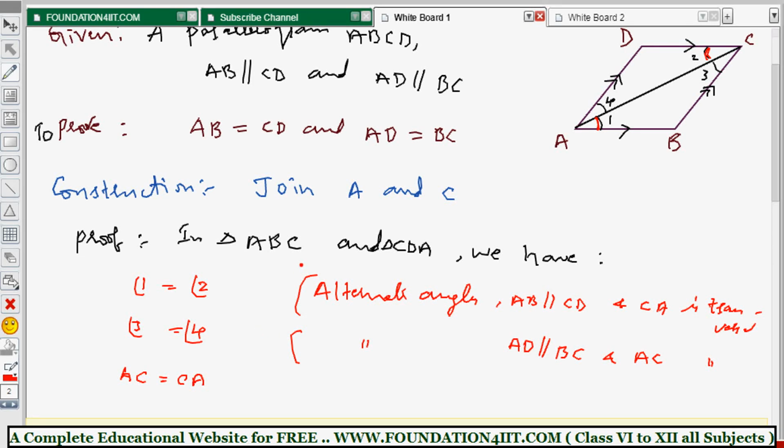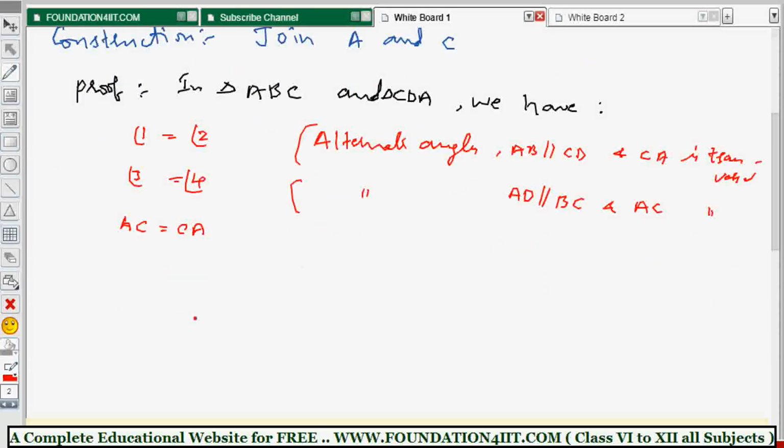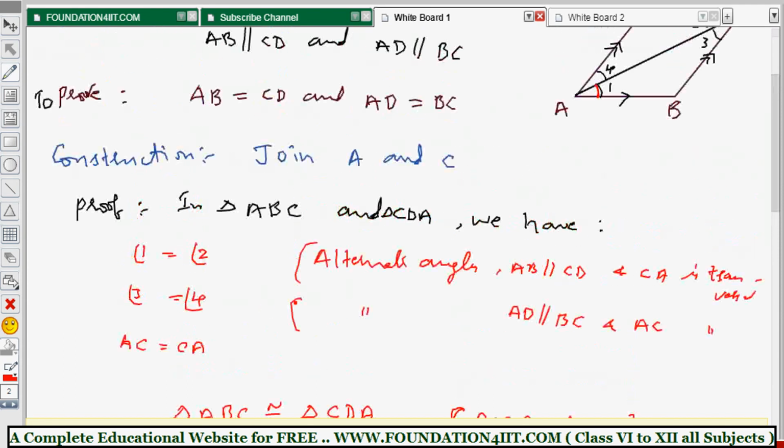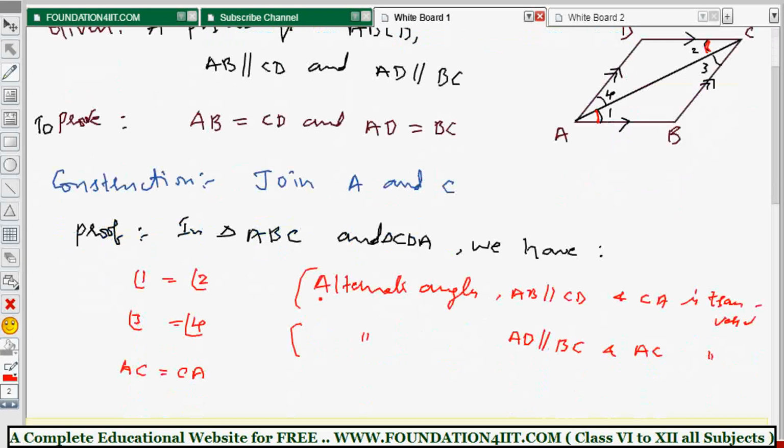Now two angles and a side, using these three, therefore triangle ABC is congruent to triangle CDA. That we can take as ASA, the angle side angle axiom. So based on this angle side angle axiom, we can conclude that ABC is congruent to CDA. When two triangles are congruent, then according to CPCT, corresponding sides are equal.